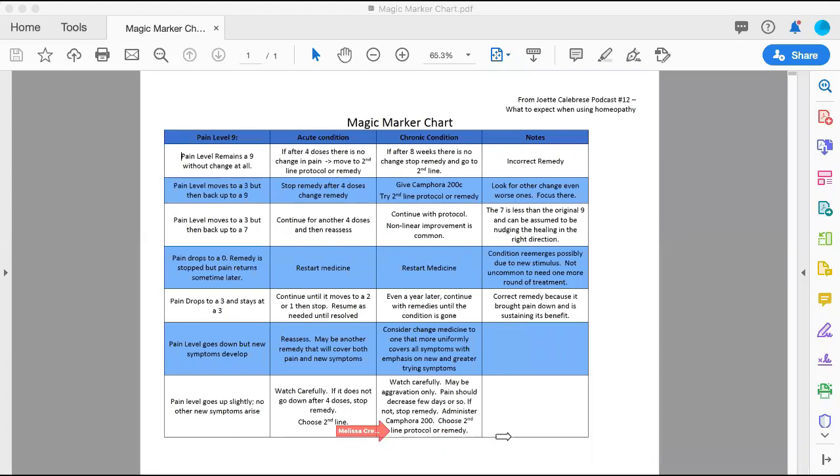Another thing that I do in an aggravation is I might have you decrease the frequency that you're taking the remedy, because an aggravation can be good, but is it tolerable? If it's intolerable, then you may want to decrease the frequency, slow down the healing a little bit, but be able to tolerate or stop the aggravation.